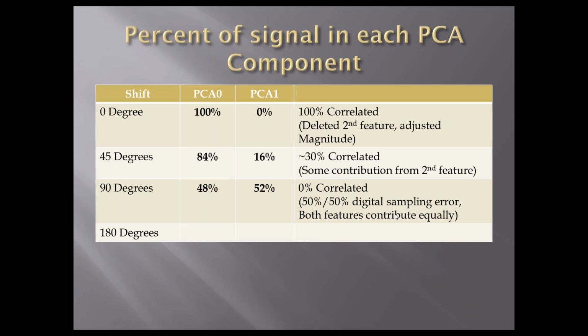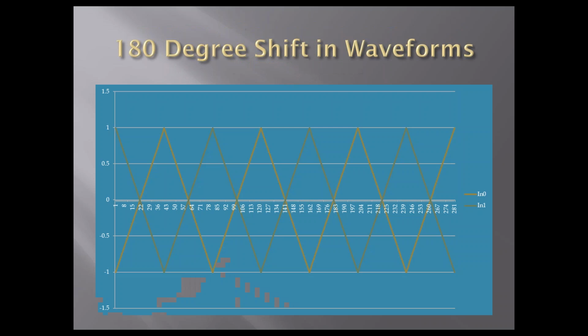So now let's talk about shifting the waveform 180 degrees. Just think about this for a second. What do you think the results are going to be when we do this? We're going to shift the data 180 degrees so they're completely out of phase with one another.